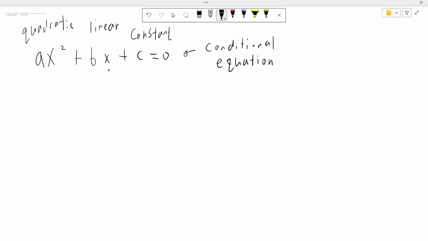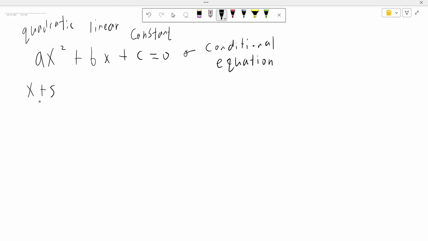Notice that we can't actually combine this term and this term together to somehow isolate x and solve for x, because x is in different powers here. So we can use something like this.